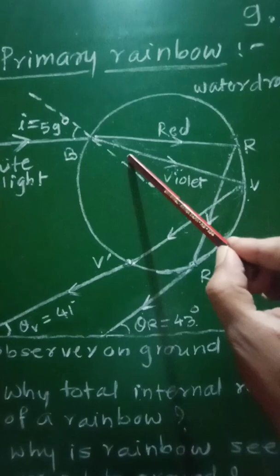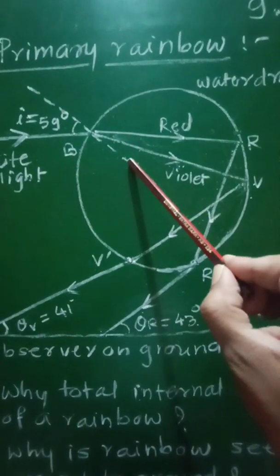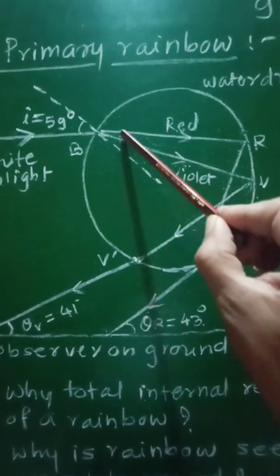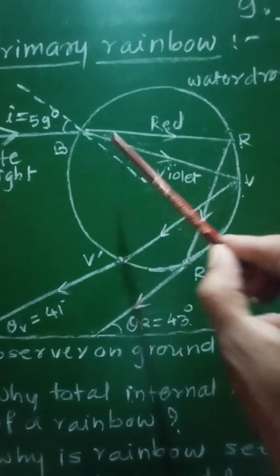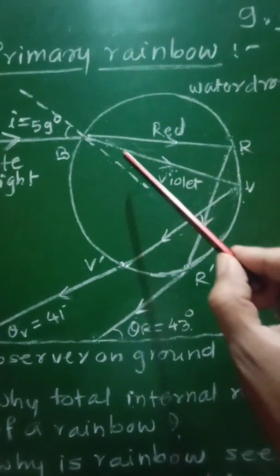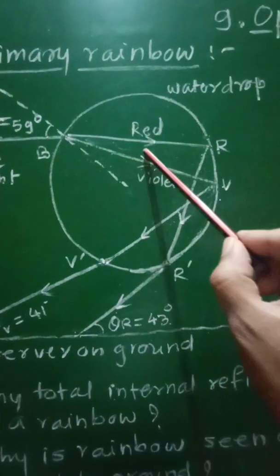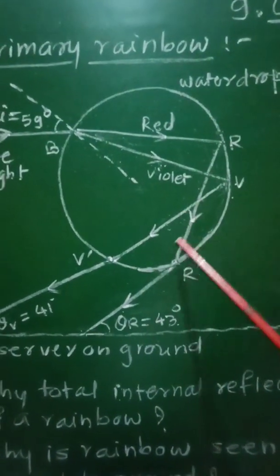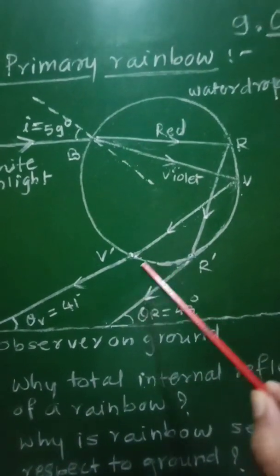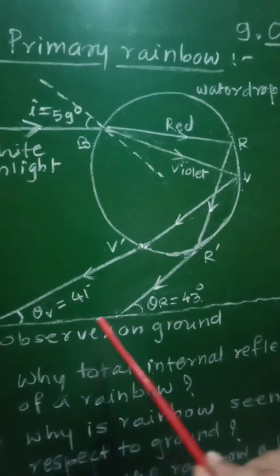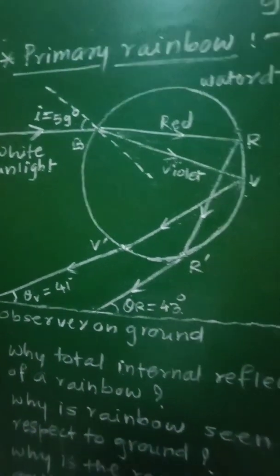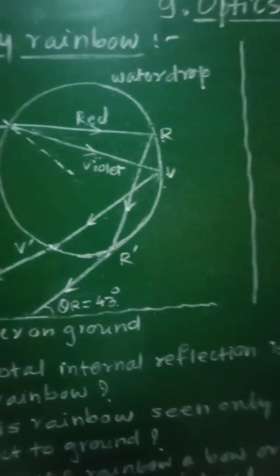For this violet color, this will be the angle of refraction. For this red color, it will be the angle of refraction. So these refracted rays will now travel along this direction, emerge from this water drop and be observed by the observer on the ground. In this way, the primary rainbow will be observed.